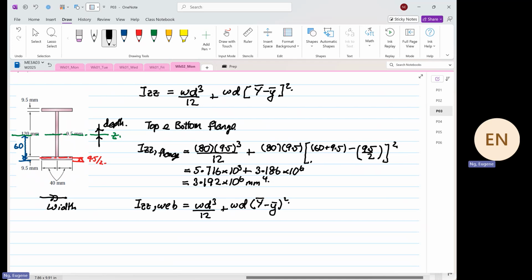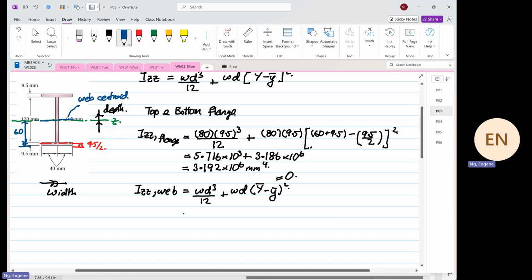But for this case, for the web, this whole term is equal to 0 because the global centroid and the web centroid, which I draw in blue, are overlapping in the same position. So that's why the second term is equal to 0.